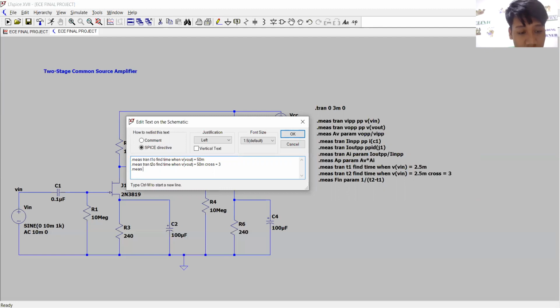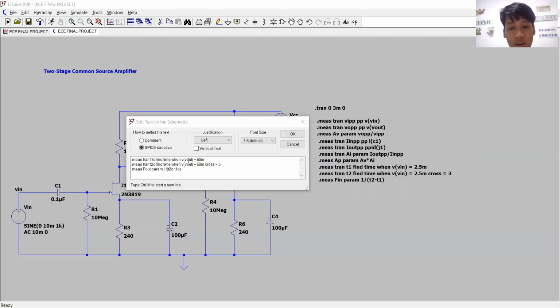That measure Fout param 1 slash T20 minus T10. And then that will be the end for the output. And last but not the least, with that we can figure out the power.